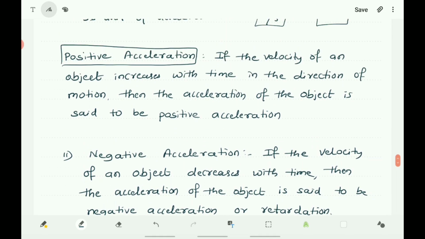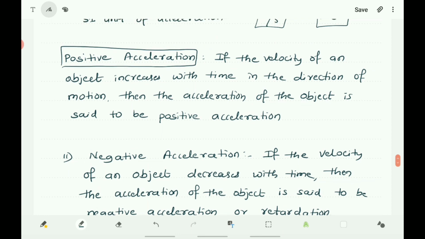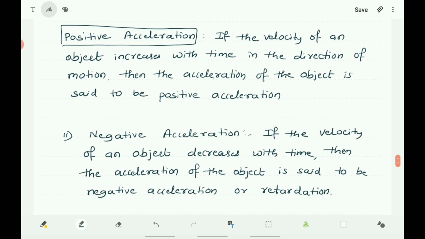And you know that the acceleration may be uniform acceleration and also it may be non-uniform acceleration. So what is uniform acceleration?